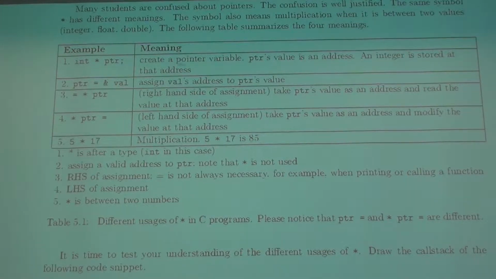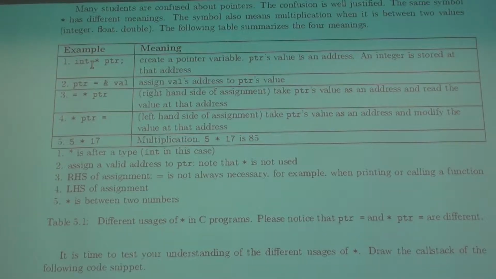PTR is a pointer, that means it stores an address. When you do star PTR, notice the difference between 1 and 3 is there's a type in front, integer in front, right? So number 1, you have a type, integer or character or something else.